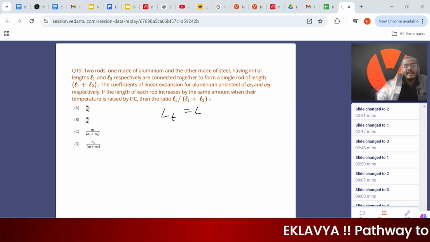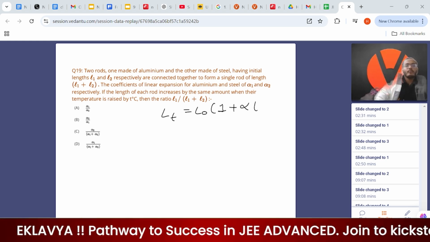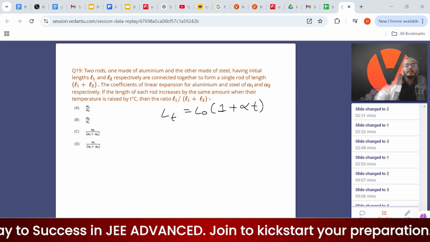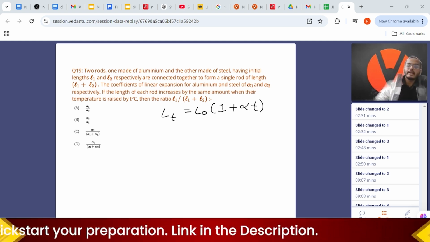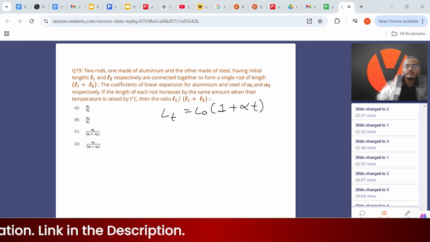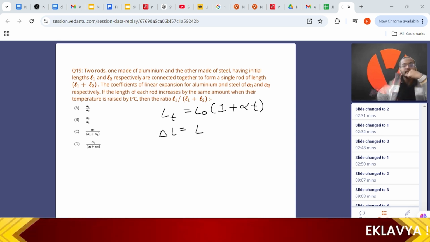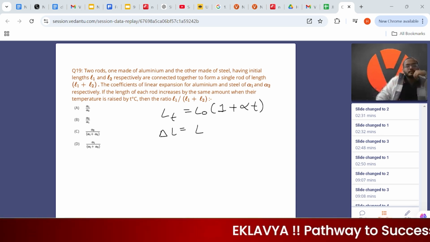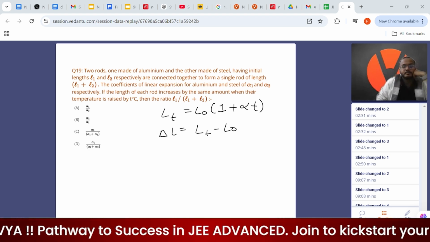Now, length at any temperature can be expressed as L naught (1 plus coefficient times T), with the temperature, or you can just write it as capital T also as you wish. So the change in length will be equal to LT minus L naught.